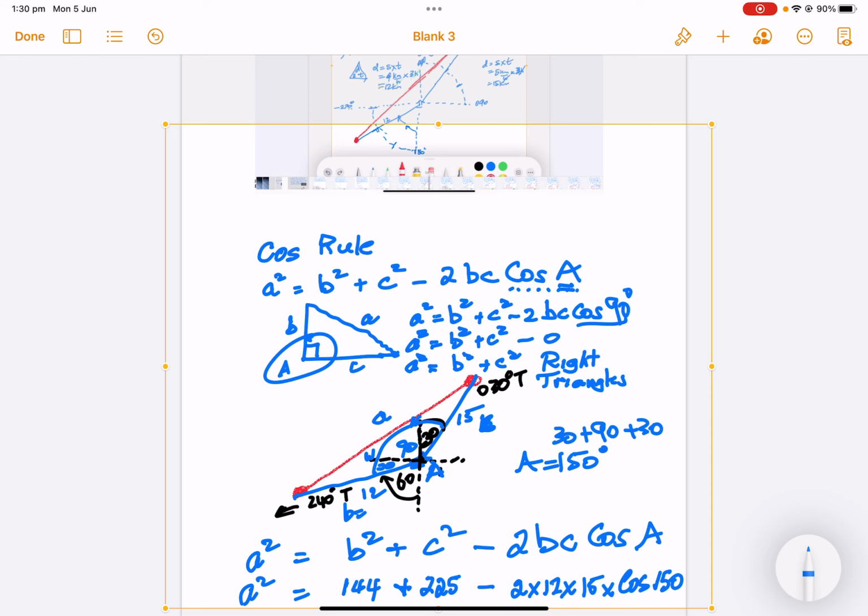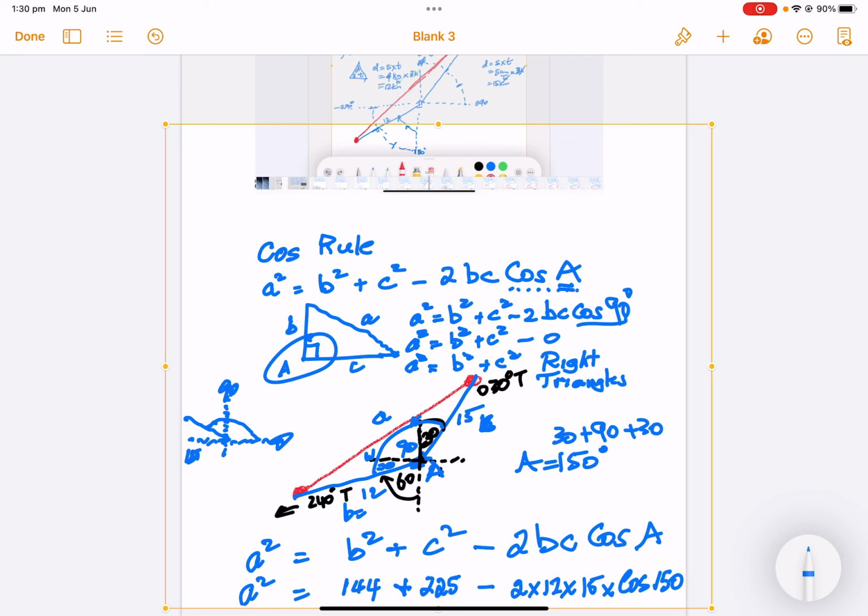Now, I'm not sure if you're good with cos of 150. You can get it on a calculator, but what if you don't have a calculator? This is a bit difficult. I'm going to show you where cos of 150 is. Cos of 150 is about 30 degrees before you get to 180. This is normal calculator stuff, not compass.